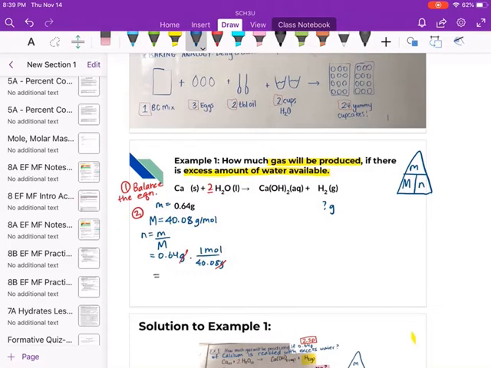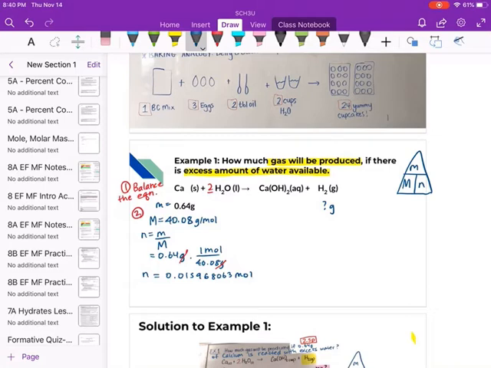So the number of moles, put that in your calculator: 0.64 times 1 divided by 40.08, and you're going to get 0.015968063 mole. You may use about 4 decimal places for the amount of moles, but in this case, I've used the more exact and precise number.